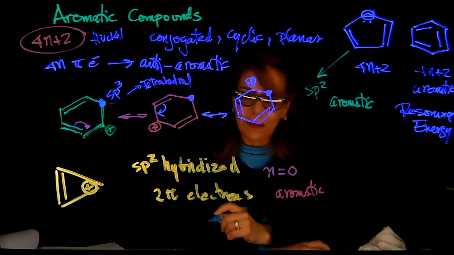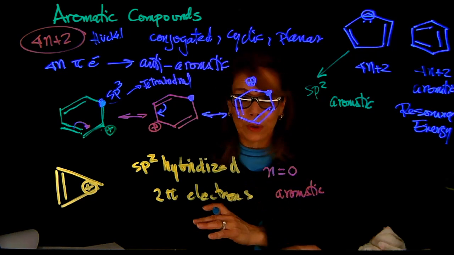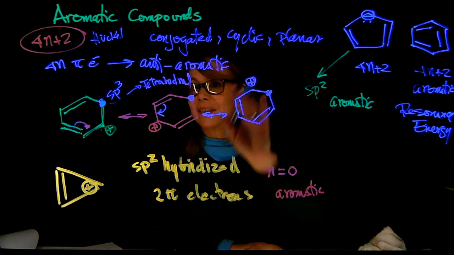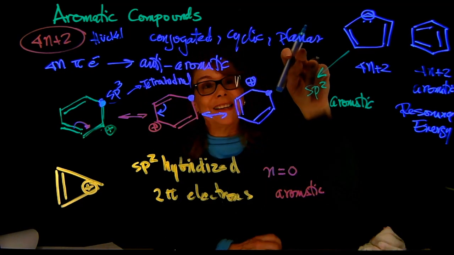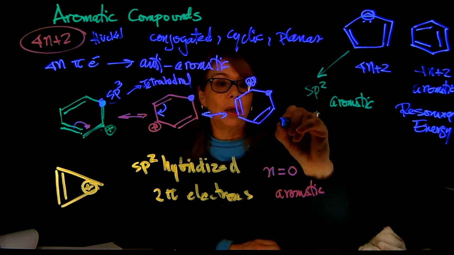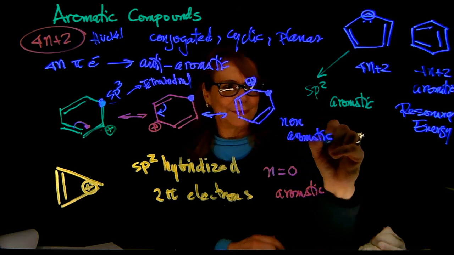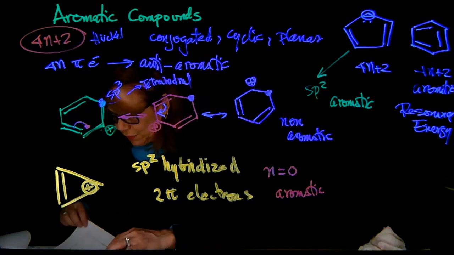So the presence of that sp3 carbon prevents the system from being fully conjugated. In that case, it doesn't meet the first rule: fully conjugated, cyclic, planar. So it is non-aromatic, despite the number of electrons.